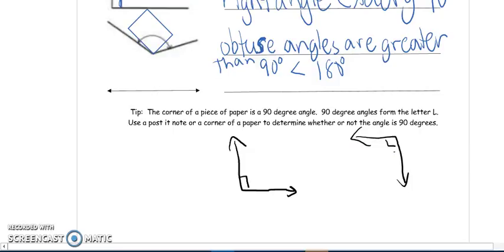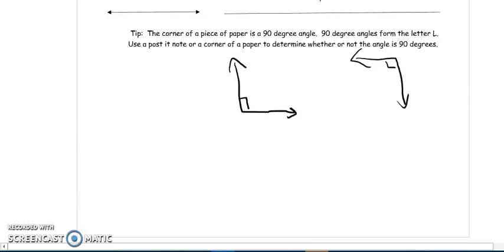Well, I didn't draw straight there either, but then it would make the letter L. Okay? So that is what I wanted to show you about different types of angles. On the lesson, you're going to have to identify whether they're acute, obtuse, or right.